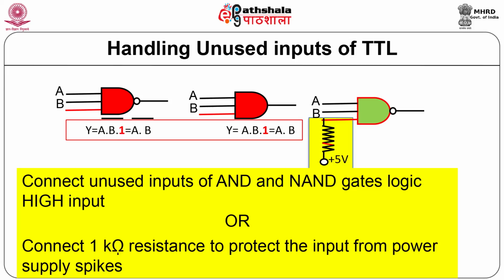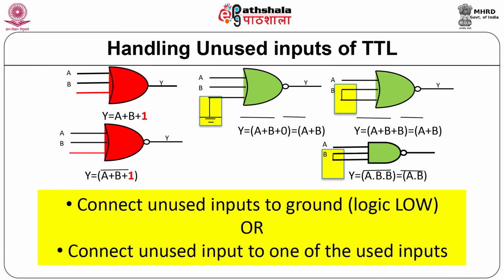Sometimes this unused input is connected to plus VCC through a resistor. A resistor of 1 kilo ohm is generally used to protect the input from power supply spikes. However, if you consider logic gates such as OR gate or NOR gate, then this unused input may create a problem.